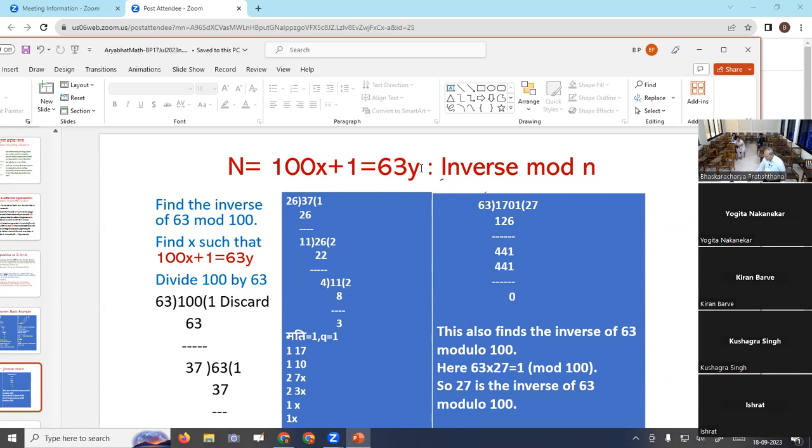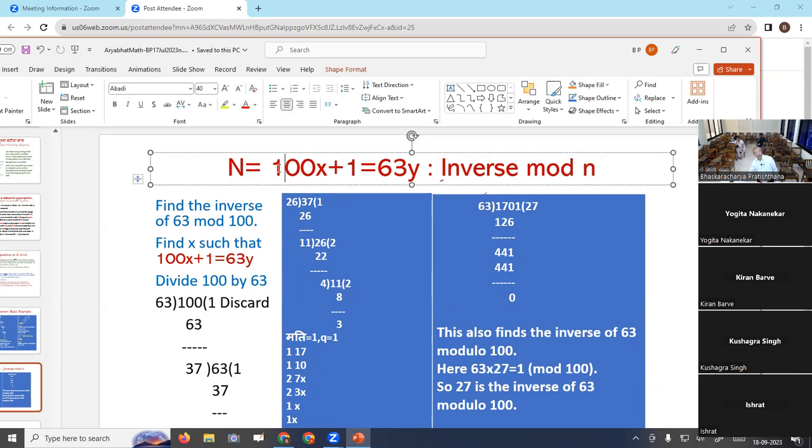Now, if you solve this, what is the advantage? The advantage I want to point out is that modulo 100, you get 1 is equal to 63 into y. So you have got the inverse of 63 modulo 100. By this method, you are getting the inverse.